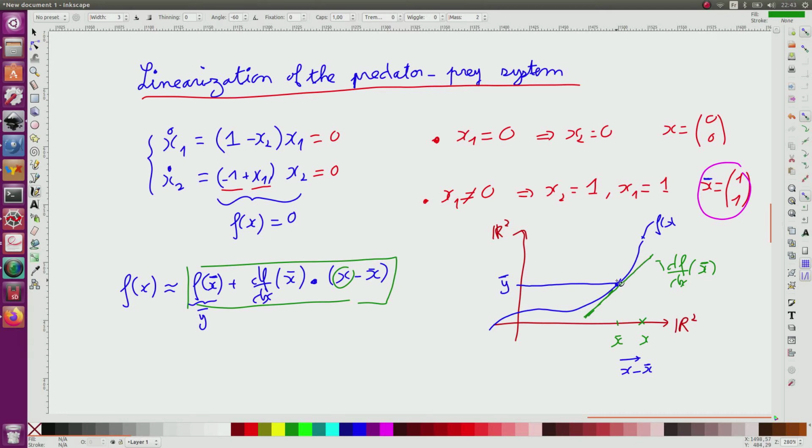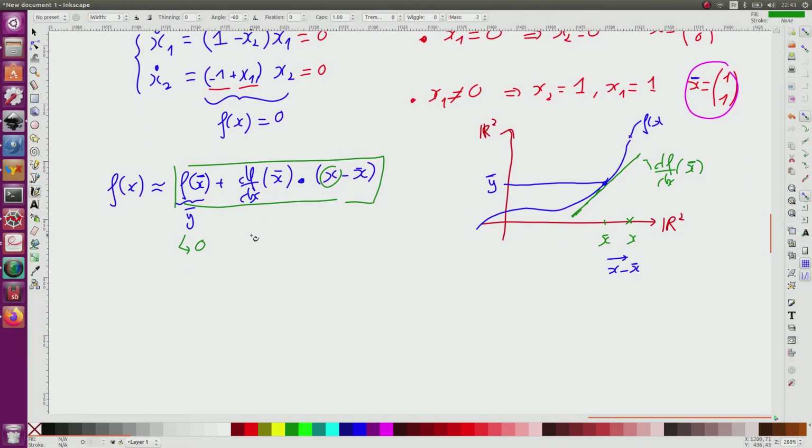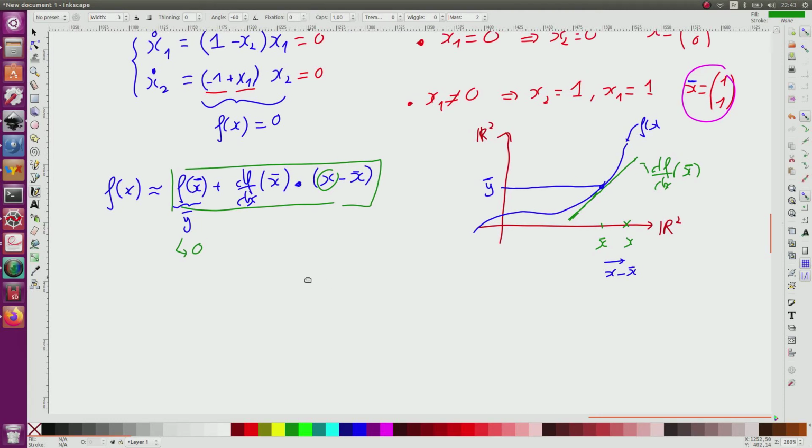Okay, so now this corresponds to 0, because f of x bar equals 0, and I have to compute the Jacobian matrix, so I will have to differentiate.